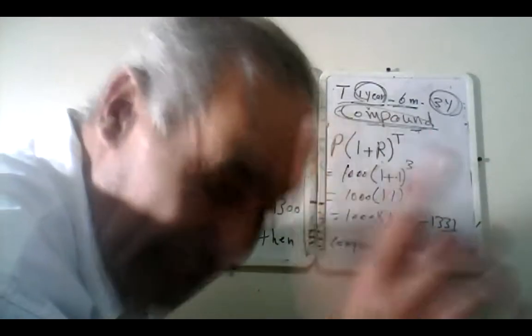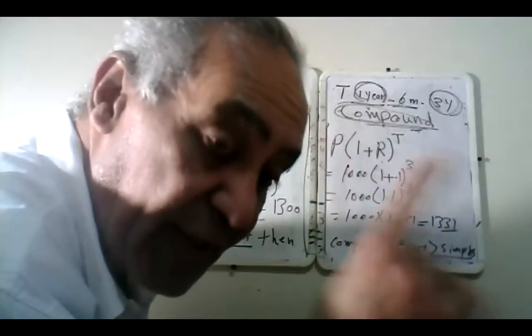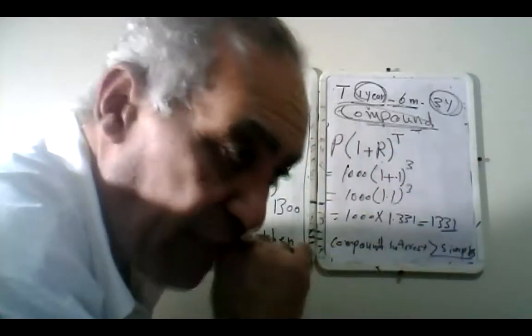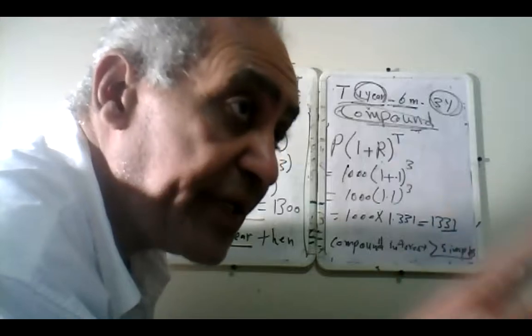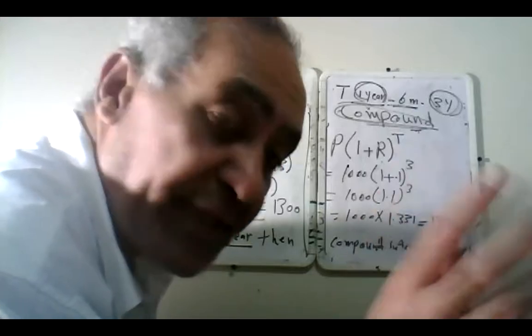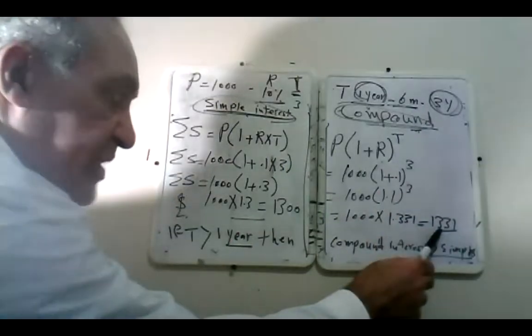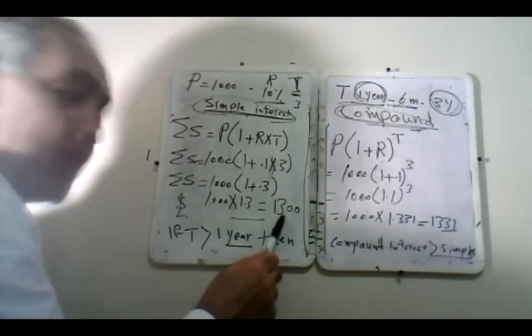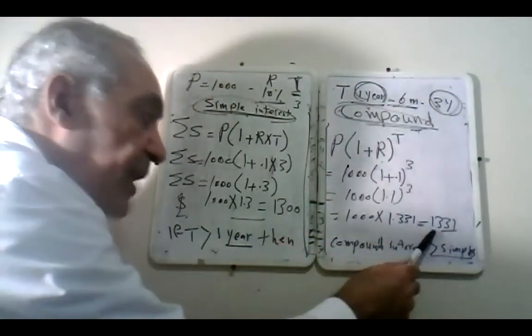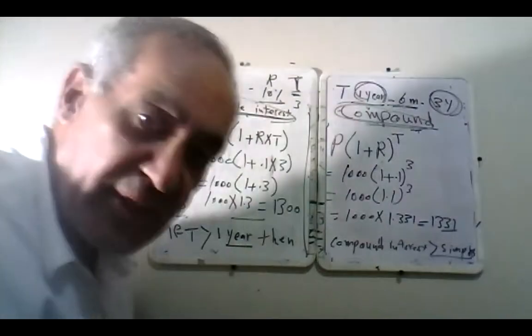If the period of time is more than 1 year, then the compound interest, like here 1,331, will be greater than the simple interest, 1,300.